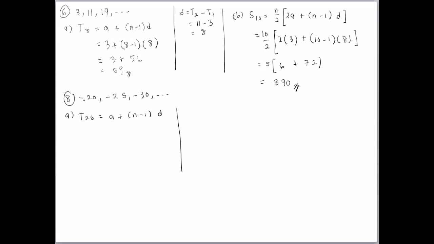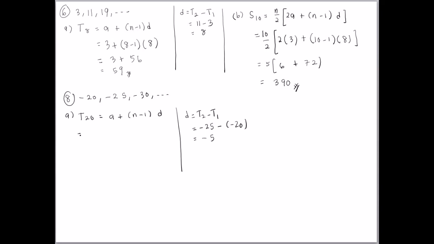A, the first term, is negative 20, n is 20 because we want to find T20, and then D. Let's find D. T2 minus T1. T2 is negative 25 minus negative 20, and the answer is negative 5.